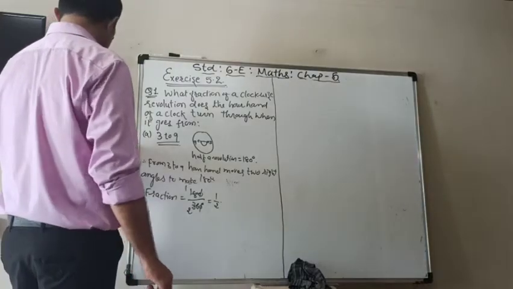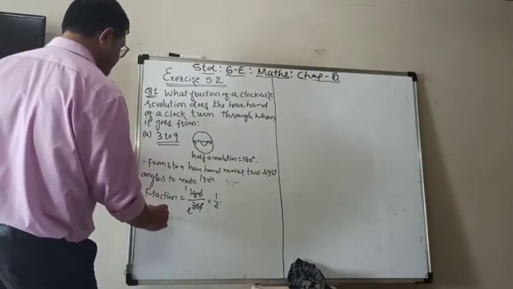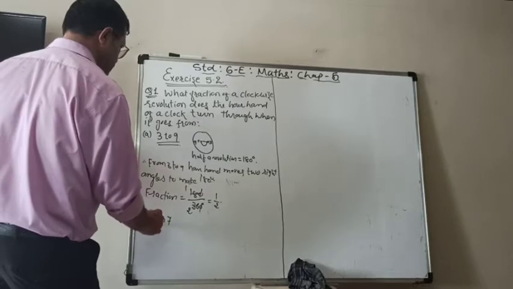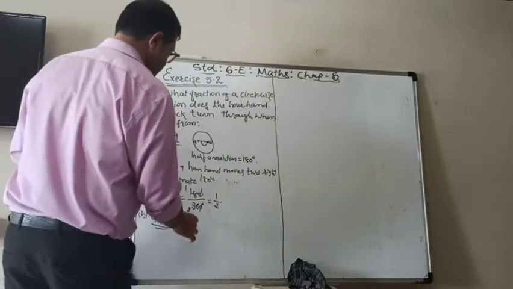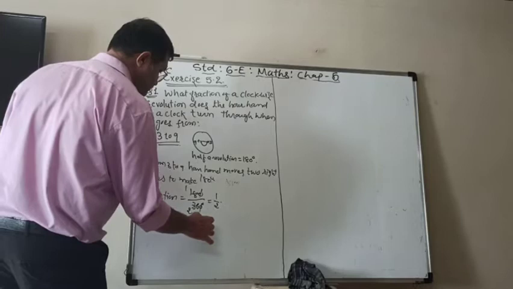B. It says from 4 to 7. Now it moves from 4 to 7.